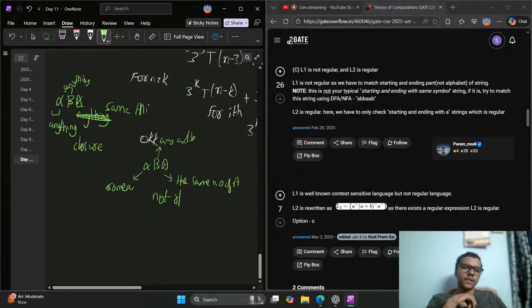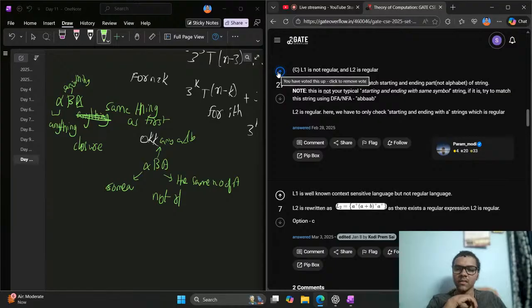Same thing as first. We have to match the starting and ending part of the string. a b.